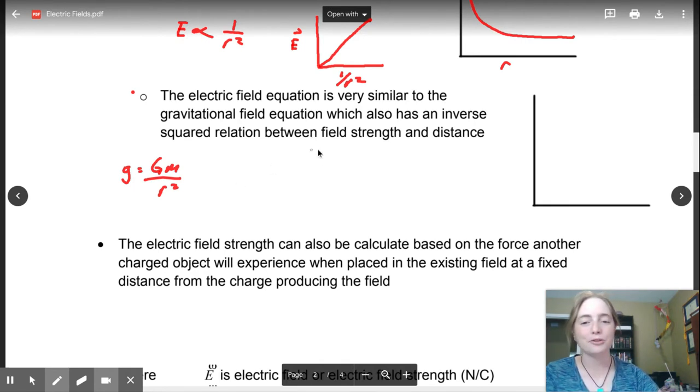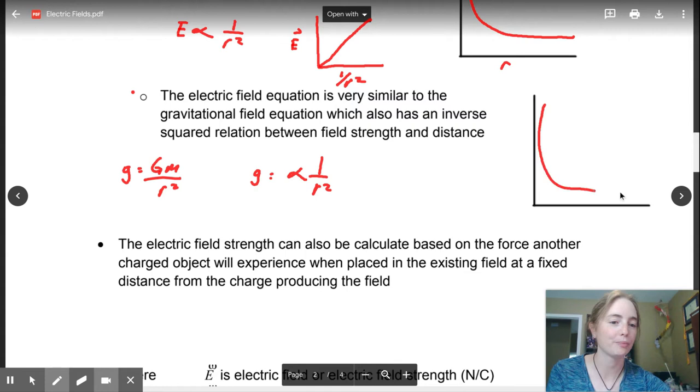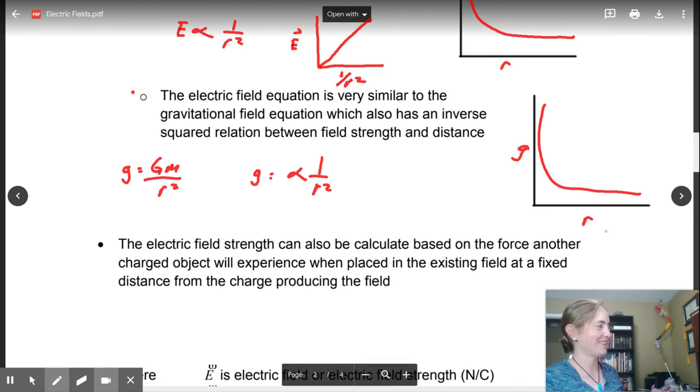Same idea: your gravitational field strength is going to be an inverse squared relationship. Whoops, that's not Fg, that's going to be little g.